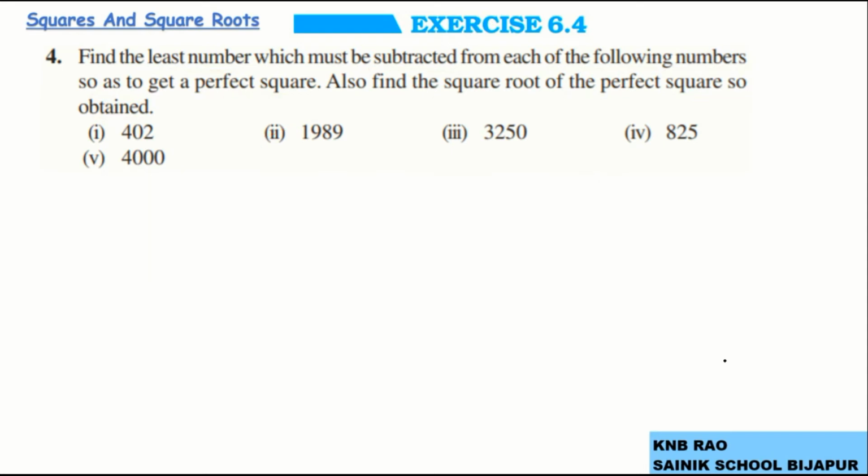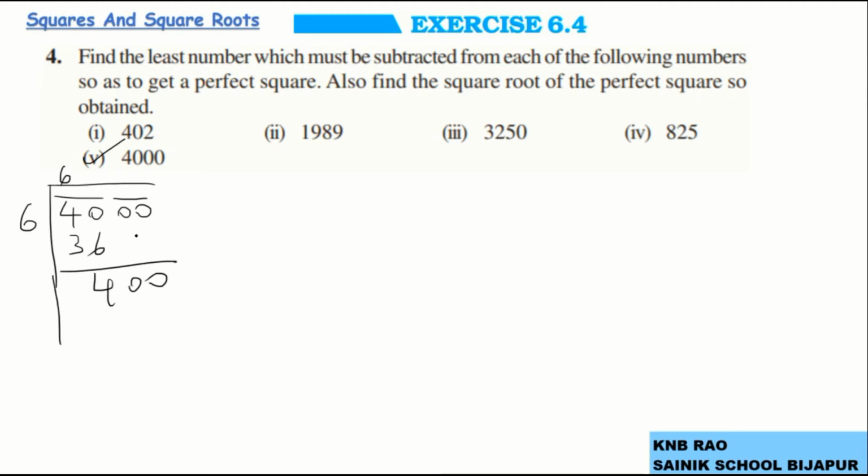So here I'll solve another question for your help. Here let me take fifth one, 4000. I'm doing it faster using long division method. 6 6 are 36, 400 I brought down, and adding 6 here gives me 12 and a guess for the another digit.